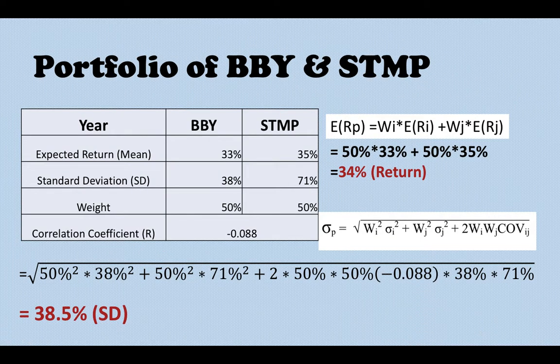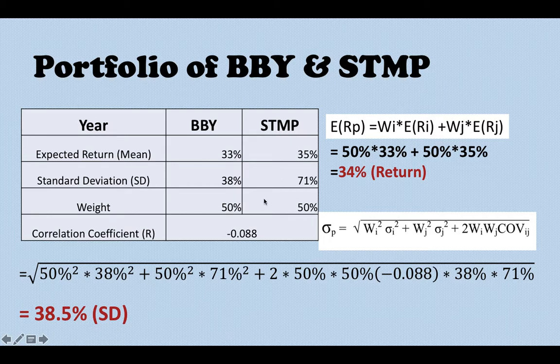Here's the example. Say in my portfolio I have Best Buy and Stamp. How much am I holding of them? I'm holding 50% each. Their expected returns: Best Buy's expected return is 33%, Stamp's is 35%.